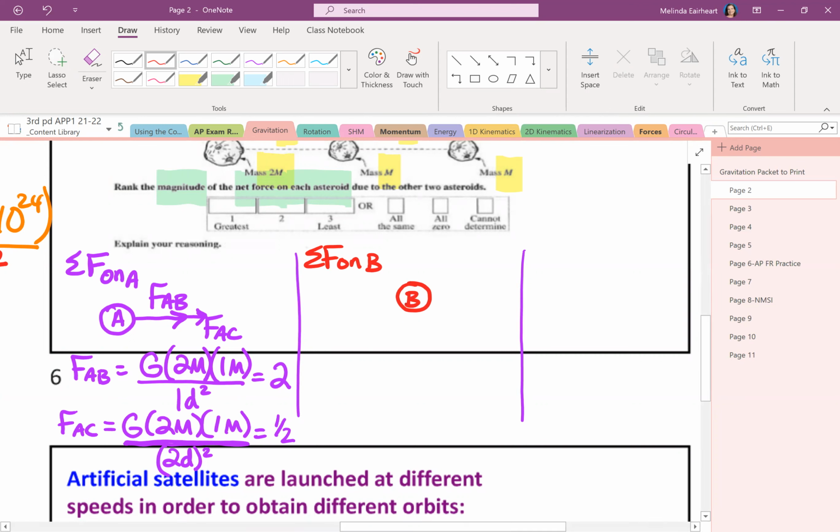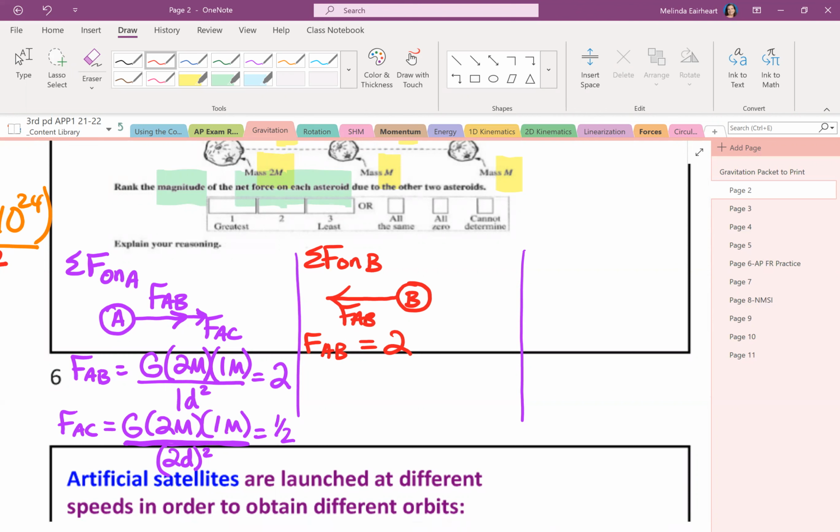And so let's figure out which one's bigger, because that one's going to determine the net force. And so FAB, isn't it the same? It's that same factor of 2, equal and opposite, but it's going to be to the right. So FAB is going to, oh, I'm sorry, to the left. I drew left. Thank you.